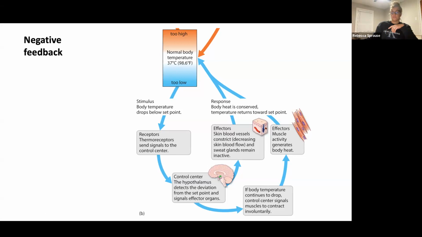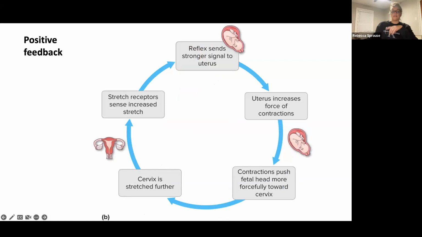So if we have shivering, we're so cold, we can actually have a mechanism in place that causes our muscles to contract involuntarily, and muscle contraction generates heat in the form of energy. And so that can also help our body temperature come back up. That's negative feedback. So notice the theme in those two things was we're returning back to a set point, right?